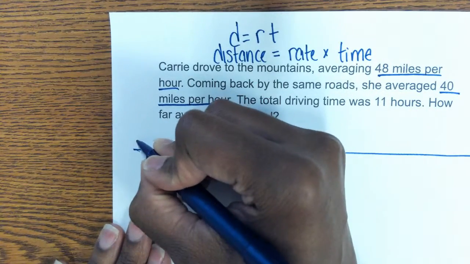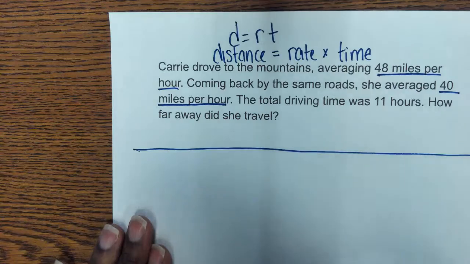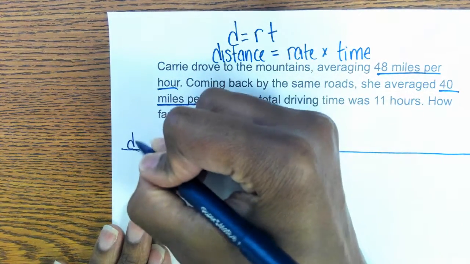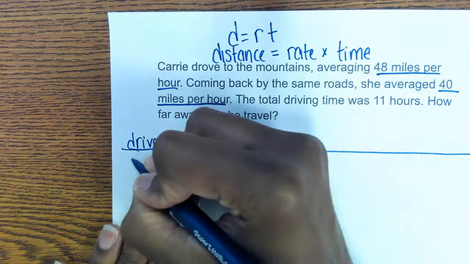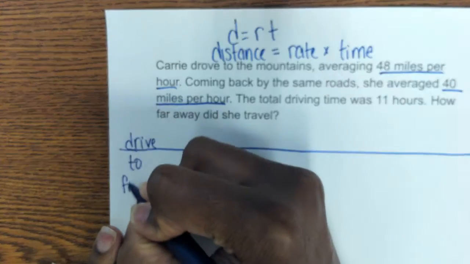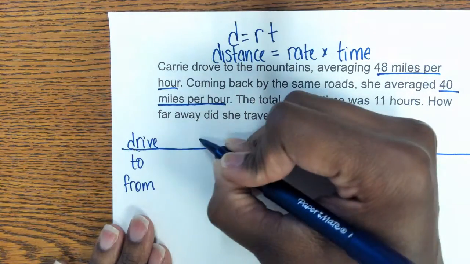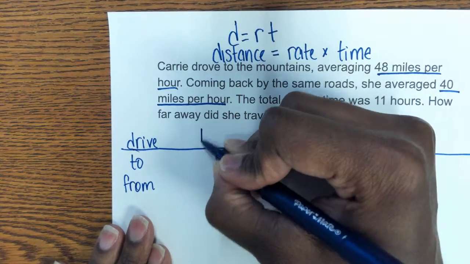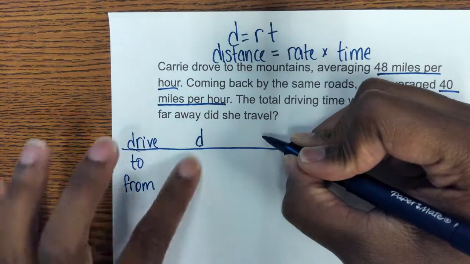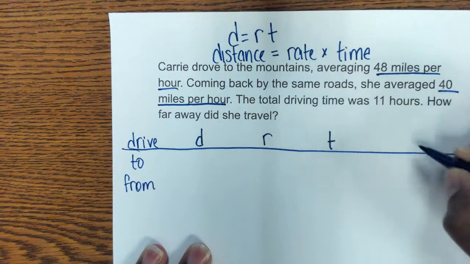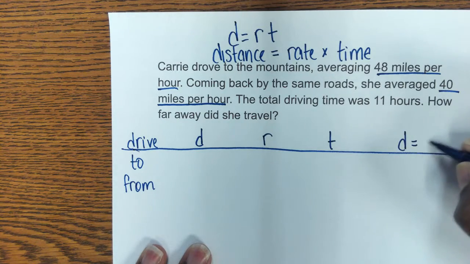And so I'm going to put the first part, I will call it what type of drive, which drive was it? Was it her drive to the mountains or from the mountains? And then I need a column for my distance, for my rate, for my time, and then for my final formula for each one.